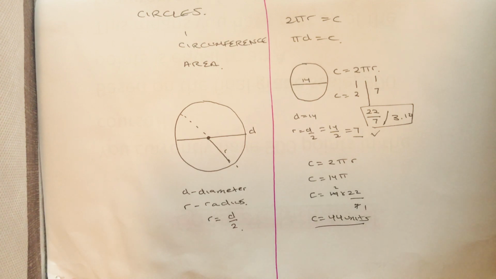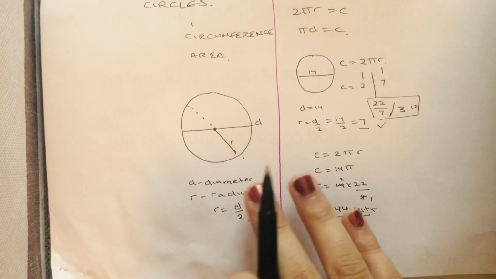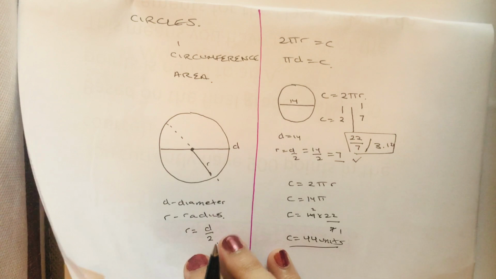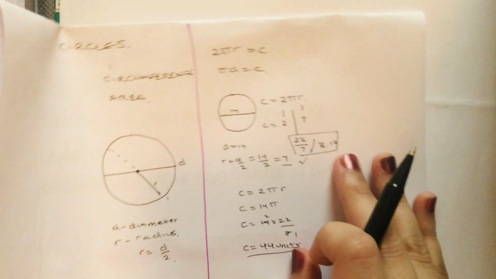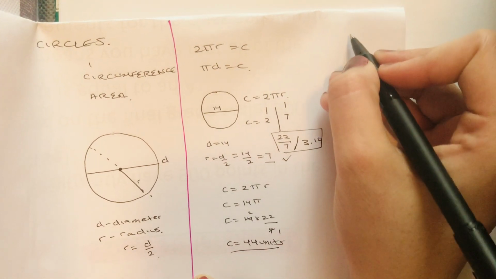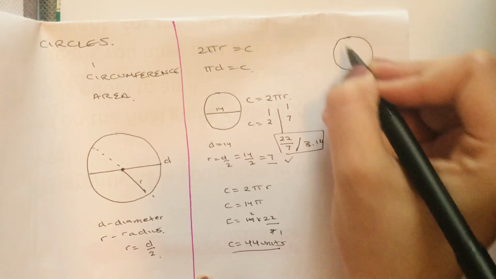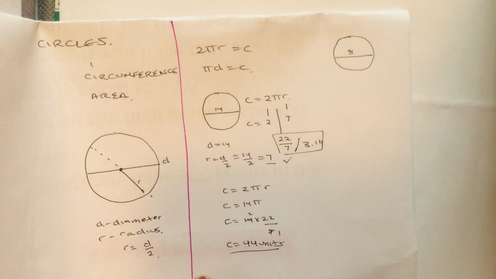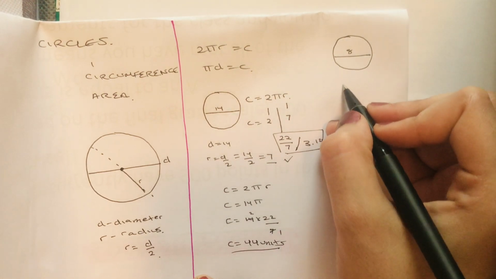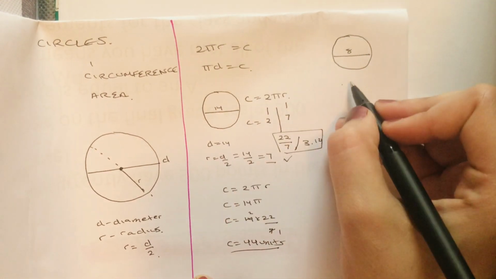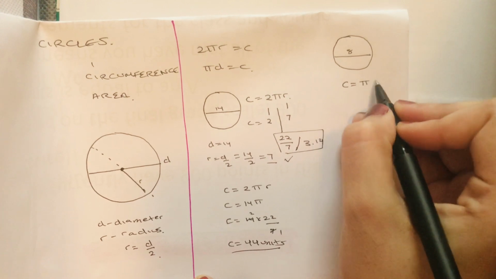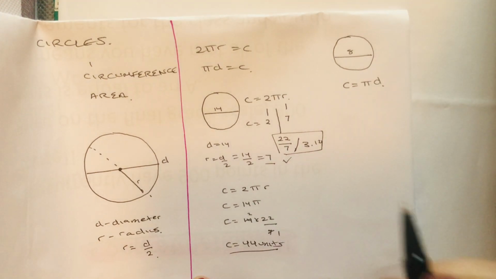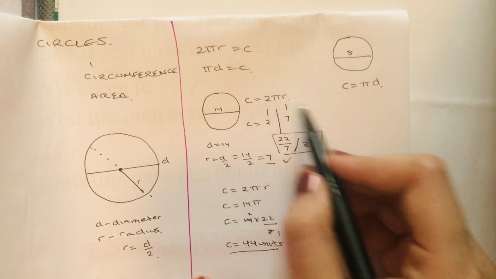So, okay, let's look at another example. The other example that we have is a circle with a diameter of 8. So we know that, but then you're being told to use the second formula, that is circumference is equal to pi d. Oh, by the way, if you guys have noticed, what is the difference between these?